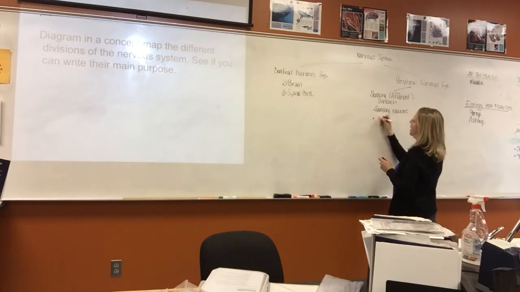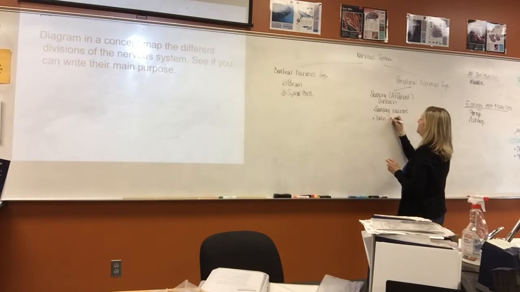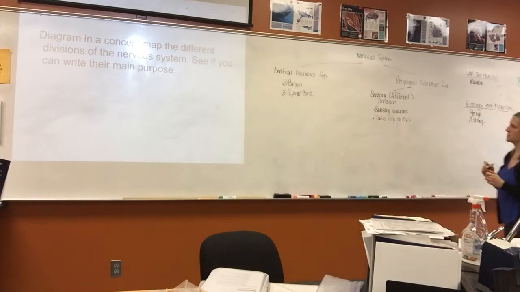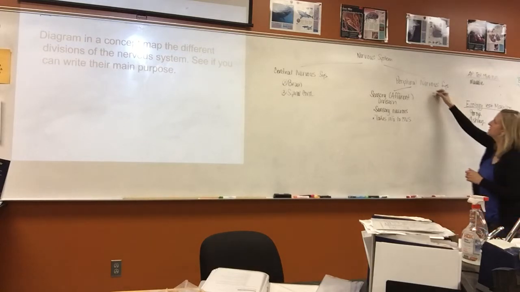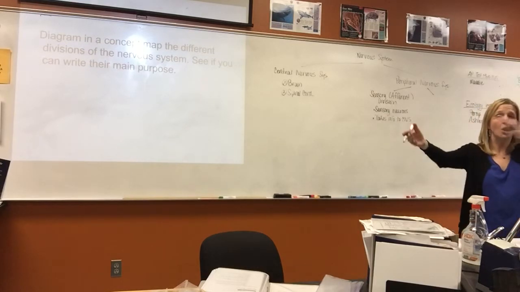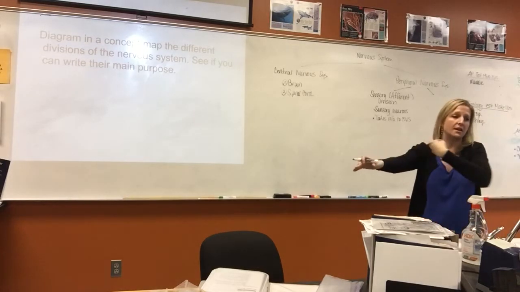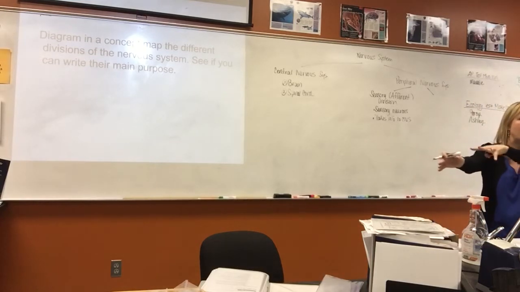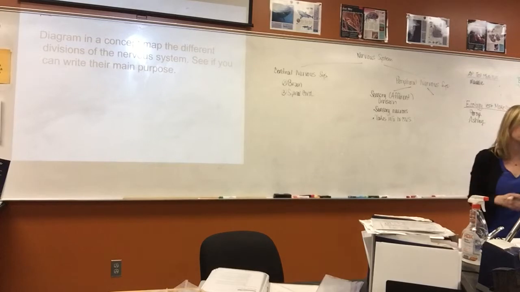And so I'll put here, takes info to the CNS. And that's what it does there. Versus the other part of your peripheral nervous system, once your sensory neurons take information to the brain and the spinal cord, the brain and spinal cord sends information back out through your peripheral nervous system.